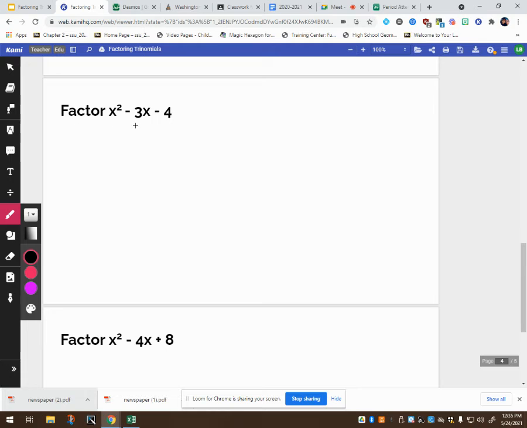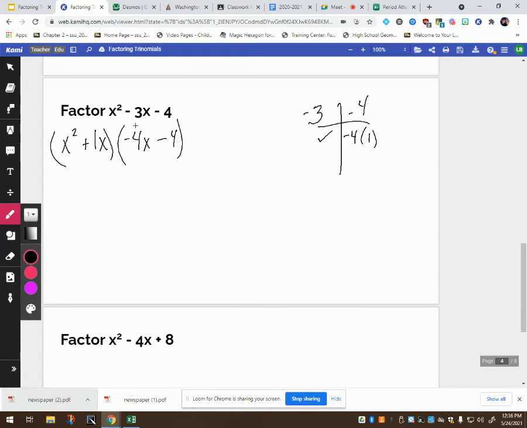Back to math. So, what did we get for our factors of negative 4 that add to give us a negative 3? I'm thinking negative 4 times a positive 1. And we can go ahead and write it out. X squared plus 1x minus 4x minus 4.